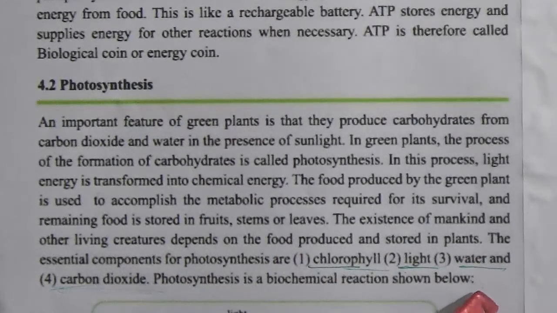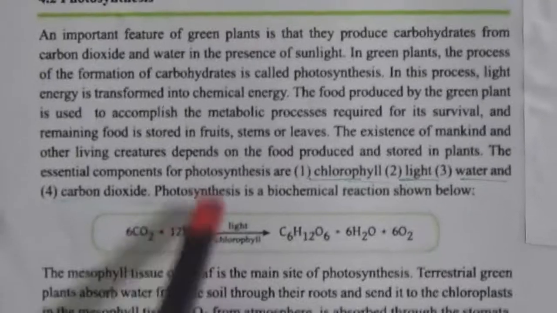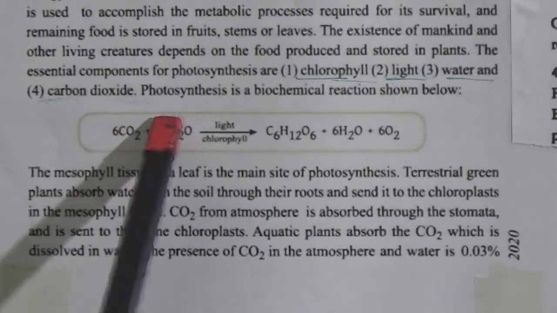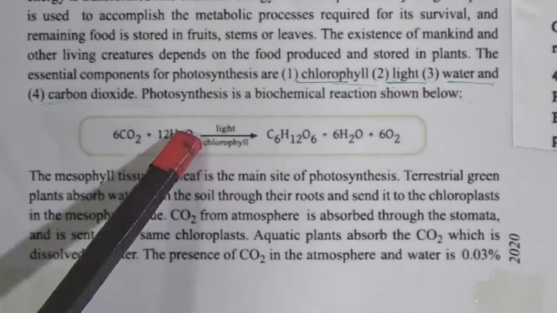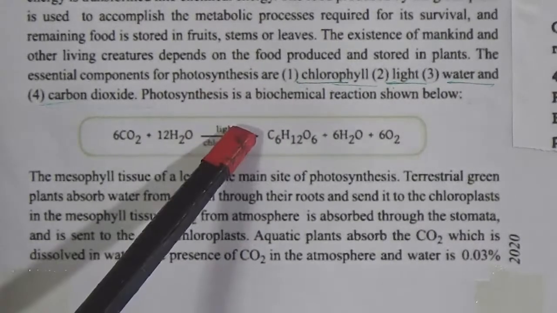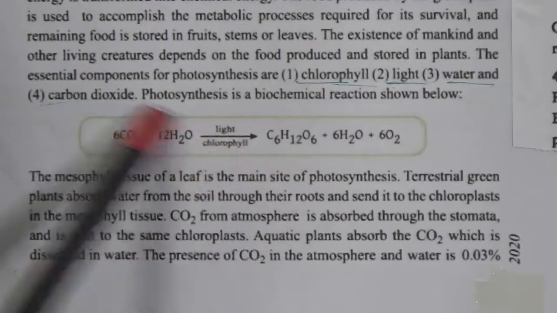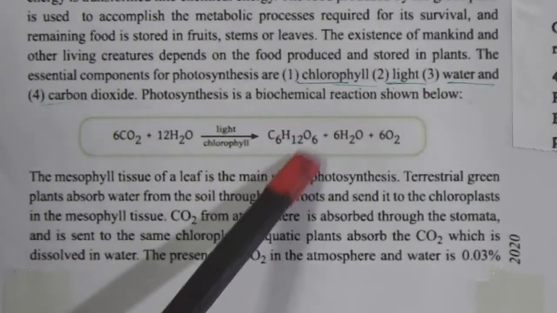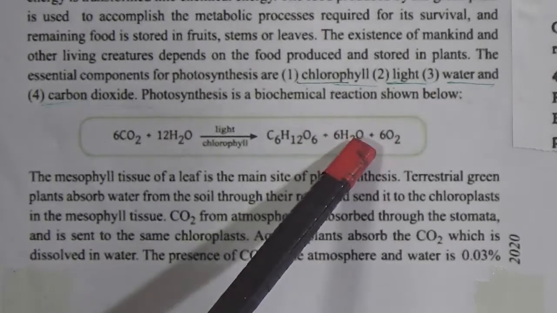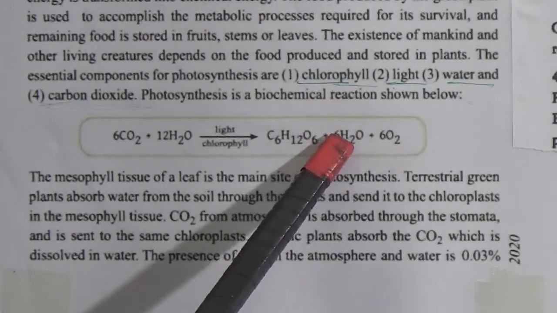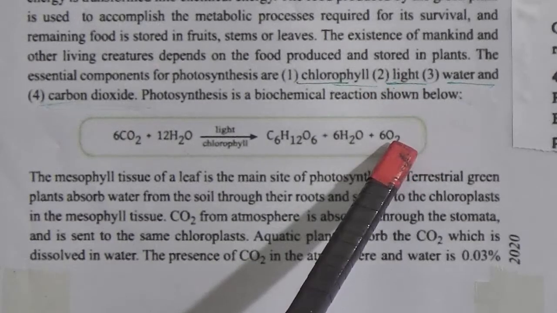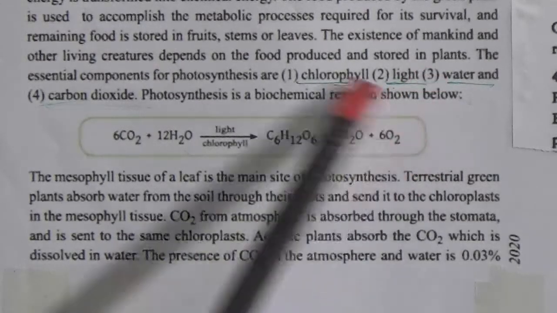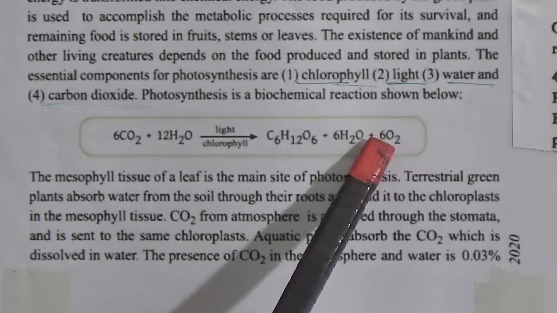And photosynthesis is a biochemical reaction. That reaction is shown below. That is 6 carbon dioxide react with 12 molecules of water in presence of sunlight, and inside the chlorophyll that produces glucose, and again the byproduct is 6 molecules of water and 6 molecules of oxygen.